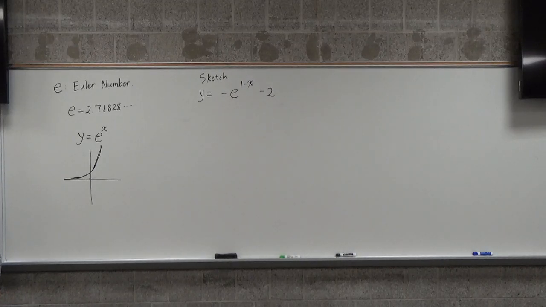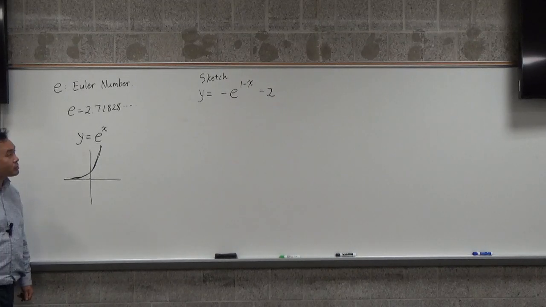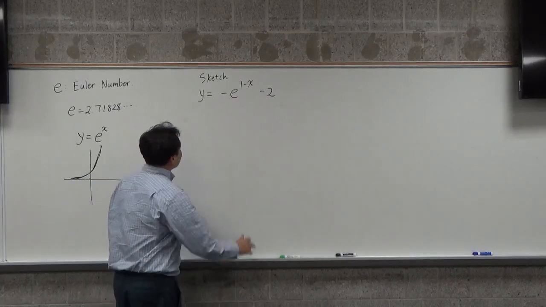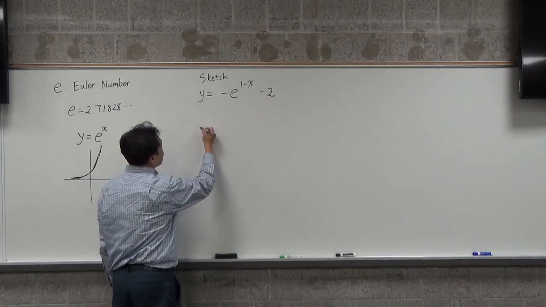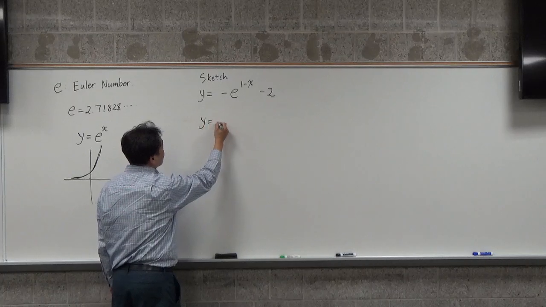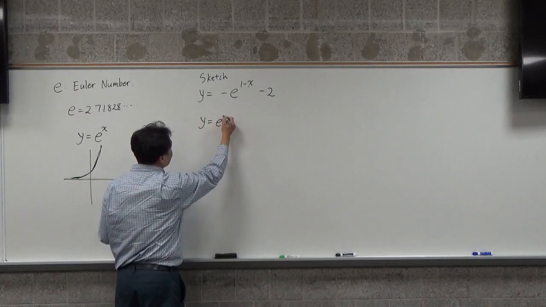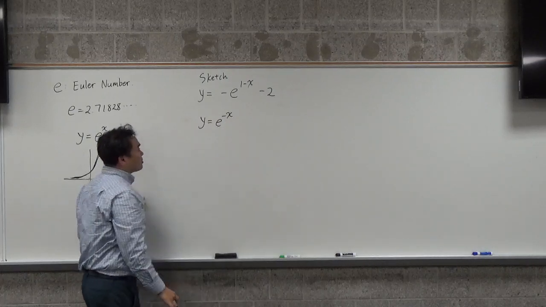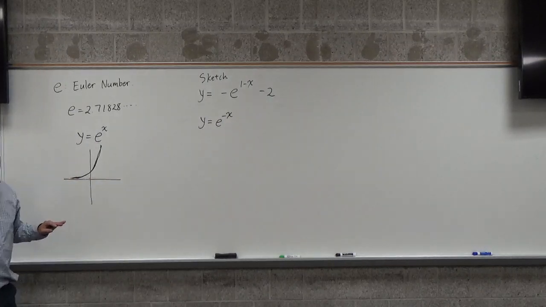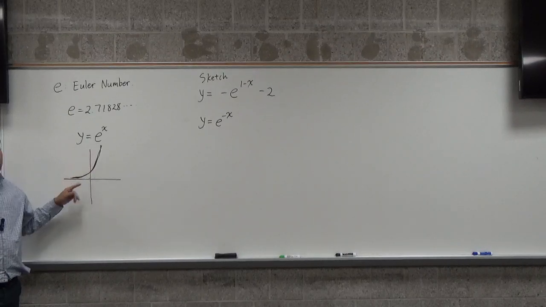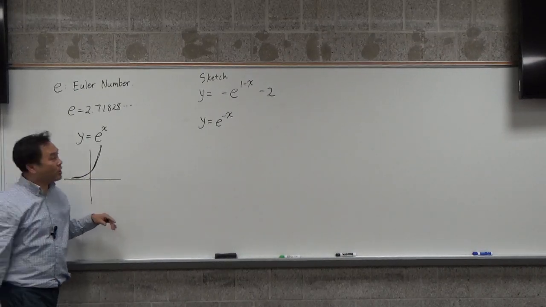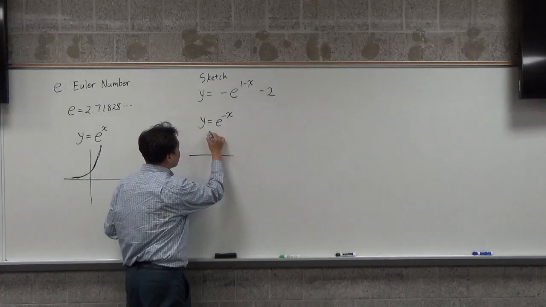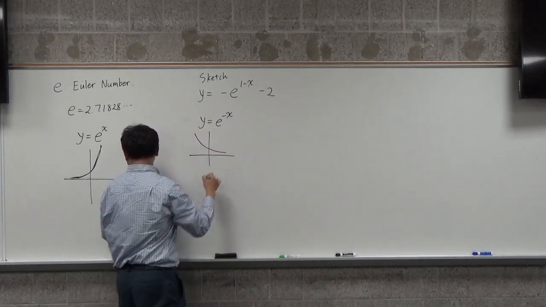Let's think about how to draw this picture. First of all, you start with y equals e to the x, which we already have here, but then if I put a minus x, what happens to the graph? It flips over the y-axis, yes. So you're going to get a graph that looks like this.